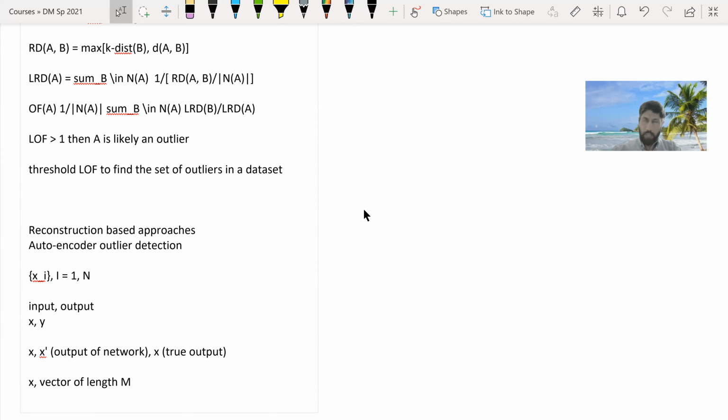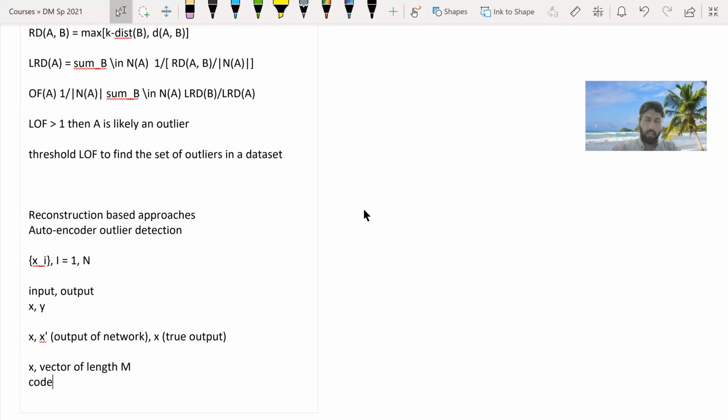So this m-length vector is coded, or embedded, into some lower dimensional space of length, let's say L, which is going to be less than m.